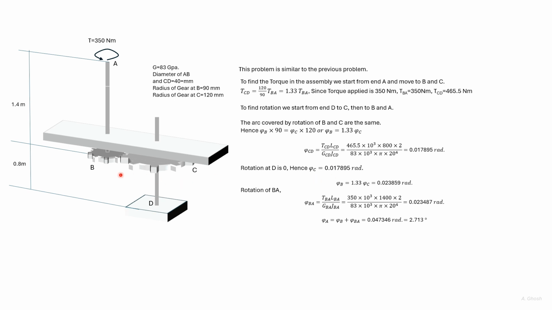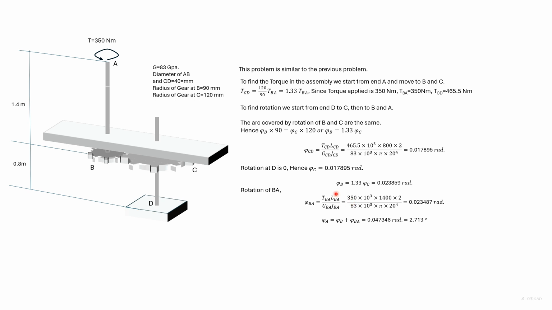Now the rotation of B would be 1.33 times the rotation of C. So we find the rotation at B. Now we know the rotation at B. We'll find the rotation in BA to find finally the rotation at A. So here we have found the rotation phi BA.